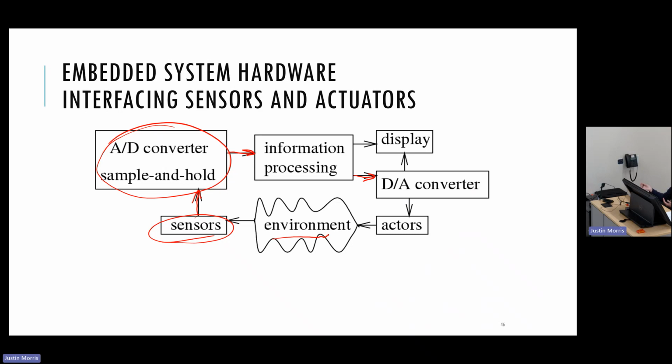But in order to change the environment, we have to convert that digital signal into an analog one so that the actuator can modify the environment. Okay. So that's the overview of embedded systems, why we need analog to digital converters, why we need digital to analog converters, because the sensors and actuators are working in the real world. But in our processors, we have these discrete binary values that we need.